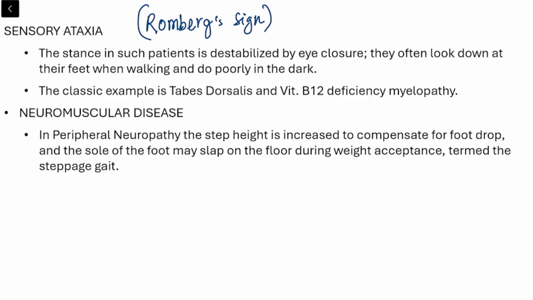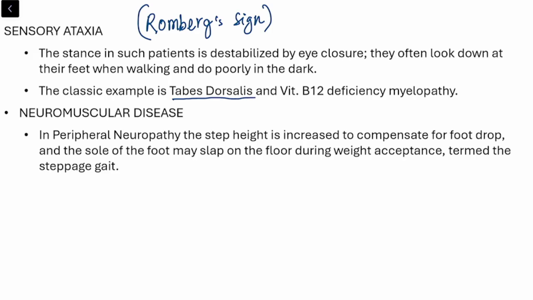and you close the eyes of the patient, two out of three sensory pathways are compromised, and two out of three pathways are sufficient to make the patient imbalanced, to make the patient lose his control of posture. So whenever a patient of Tabes dorsalis or vitamin B12 deficiency myelopathy presents to you, right?